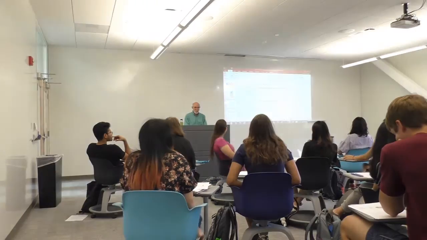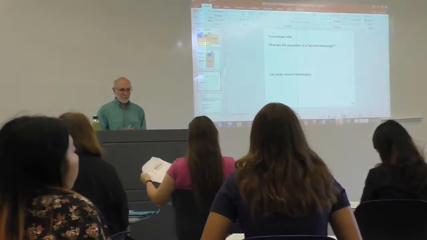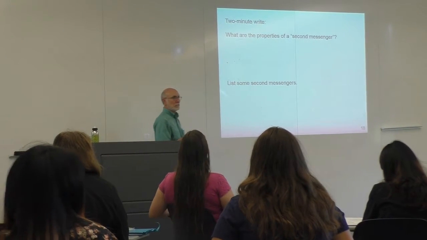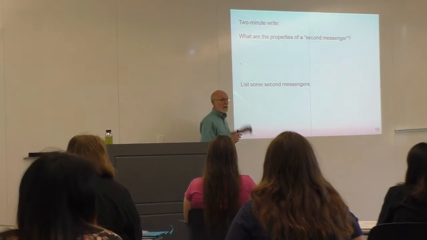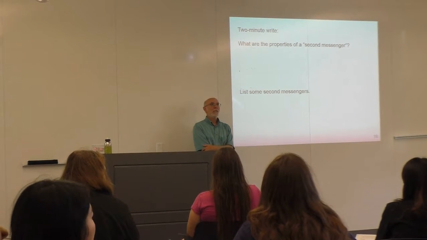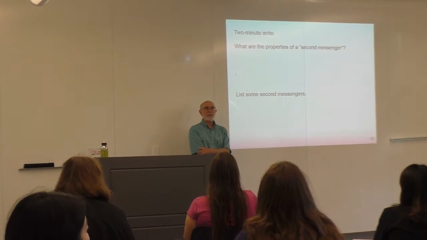Okay, so what are some second messengers? Or no, what are some properties of a second messenger? Well, what are some second messengers? Let's just list some that you know, and by identifying them, we'll see if we can identify some of the properties.